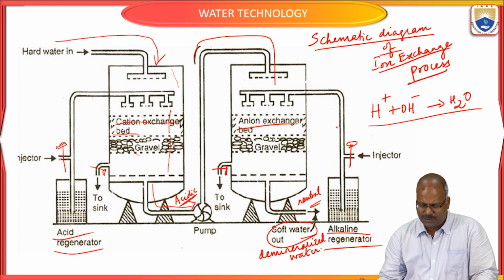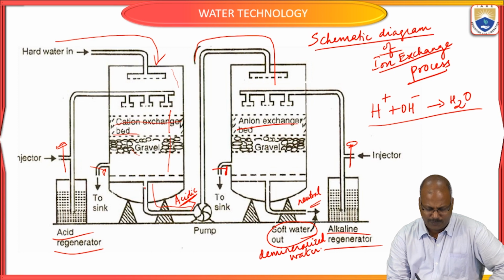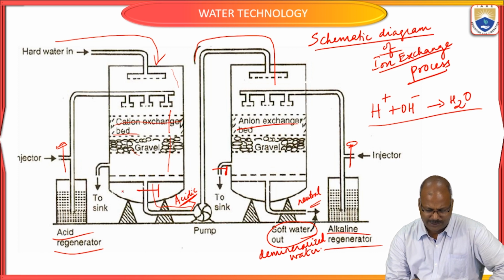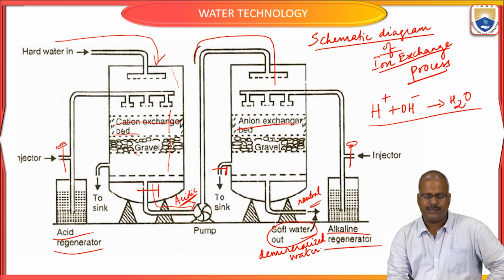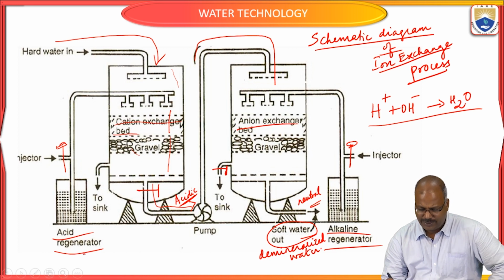So if you pass HCl, what happens? At that time you will close this and open this. Whenever we want, we close this and open this. So all the H plus ion will come to the resin, and then the cations will go out along with the sink.